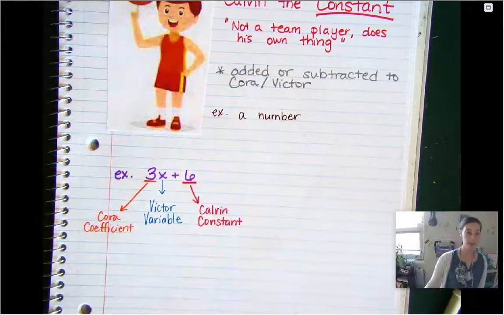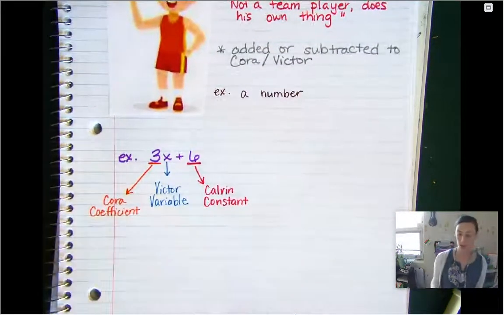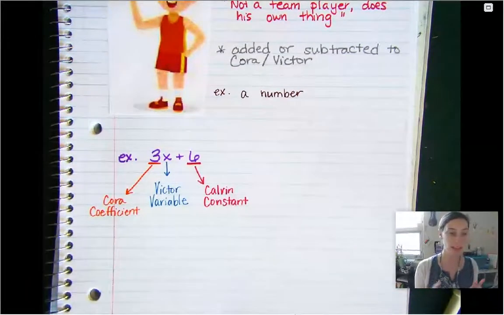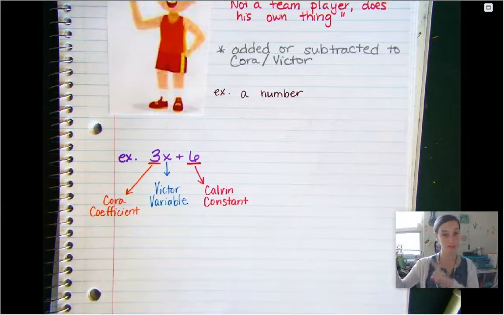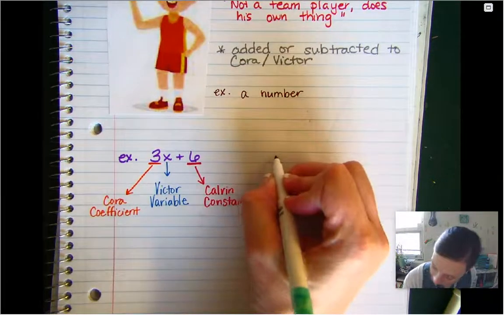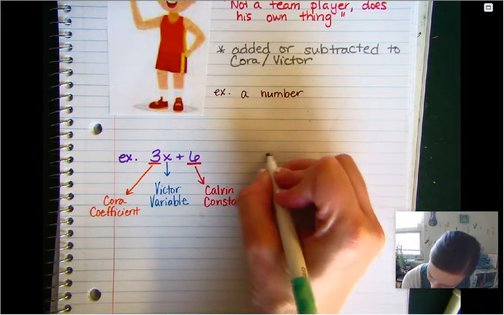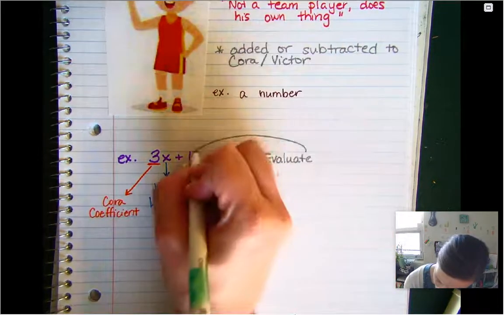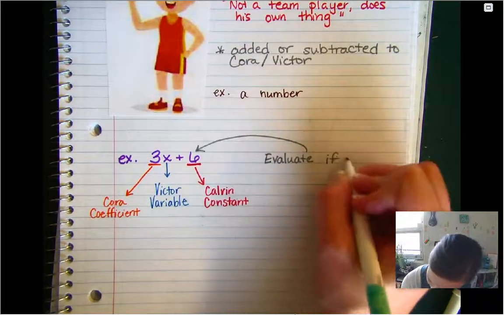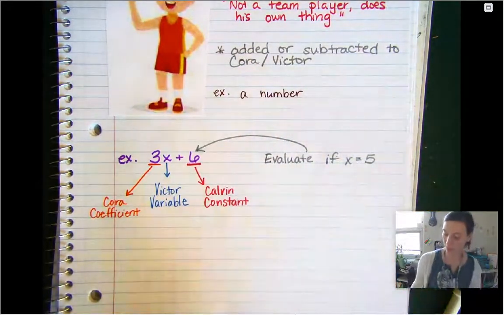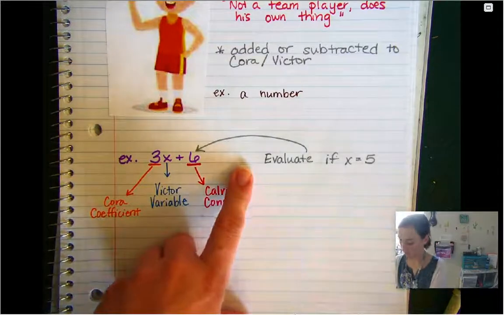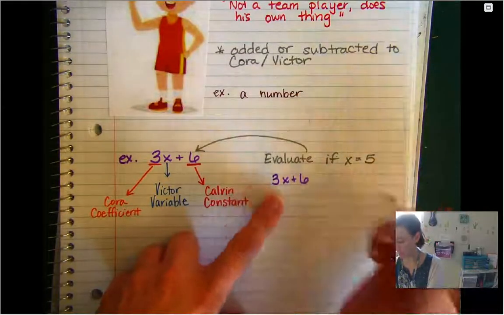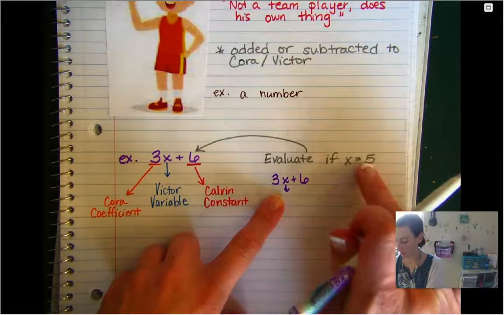And we say this because in this expression, we might get an instruction that says, evaluate this if x equals 5. So then we would take what we had, 3x plus 6, except instead of x, we're going to put in 5.